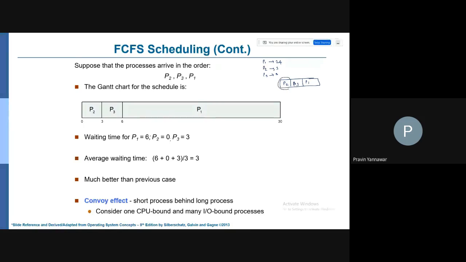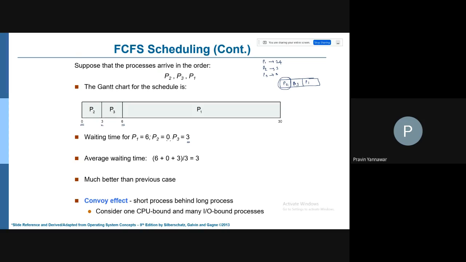Since the processor is not having any work, the processor will take P2 immediately. So for P2 the wait time is 0. For P3 the wait time is 3. Once P2 finishes its work, it is shifted to P3, and then to P1.